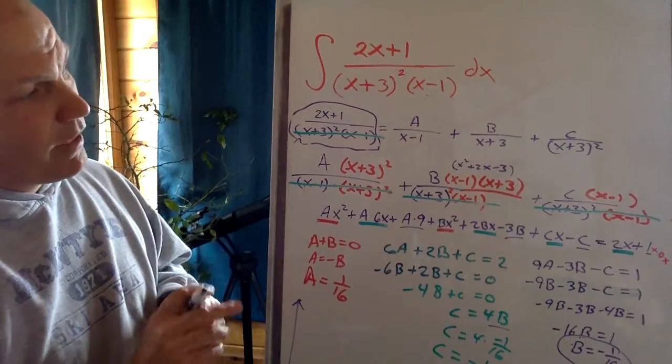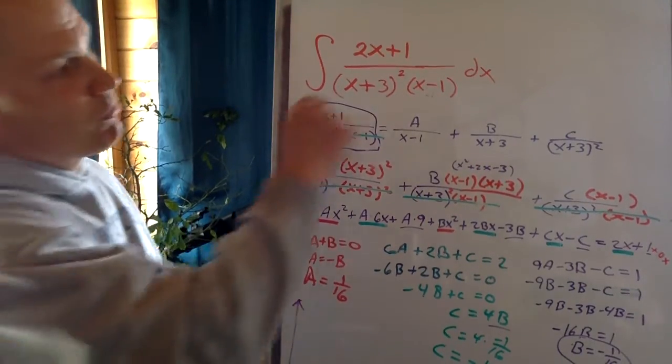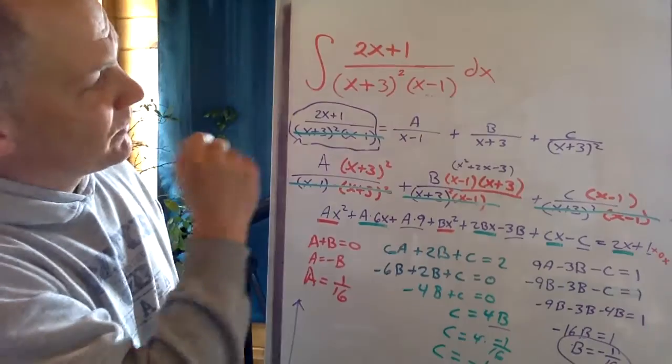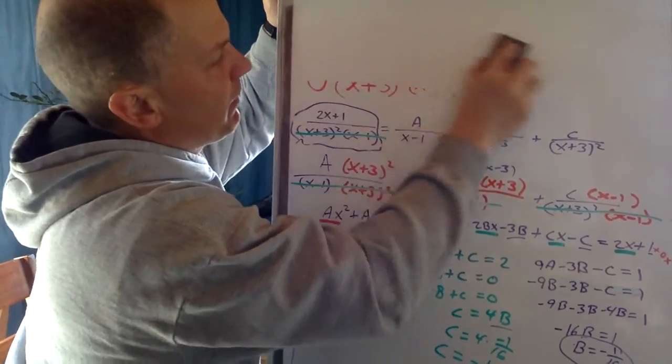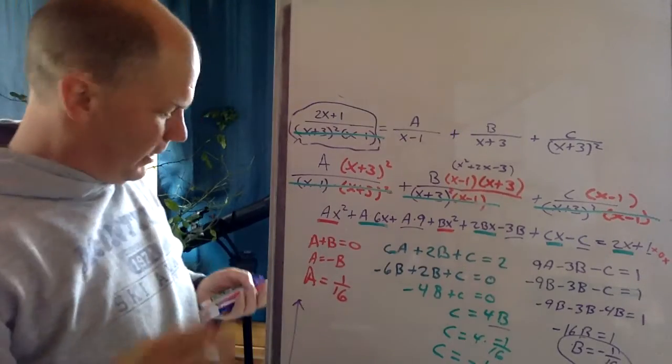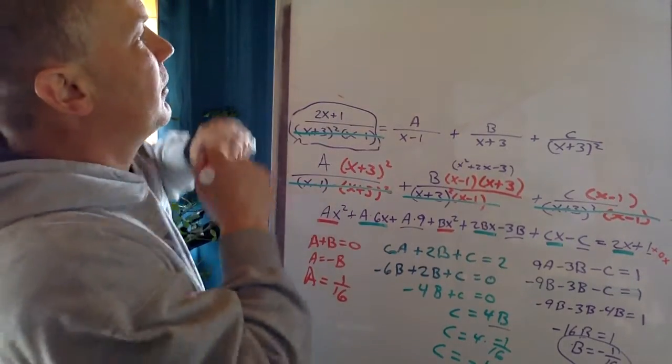But now that we're there, what I'm going to do is rewrite this equation. I'm going to erase it and rewrite that integral expression, because what we've come up with is our equivalent integral expression.